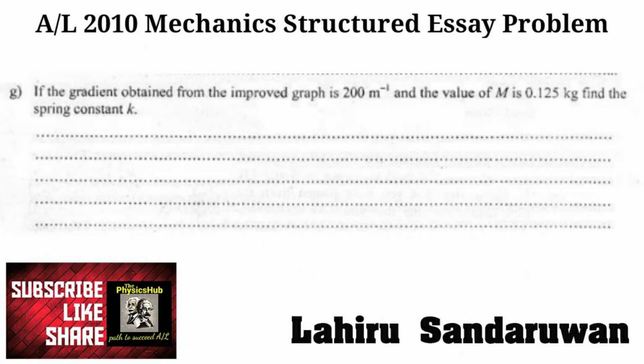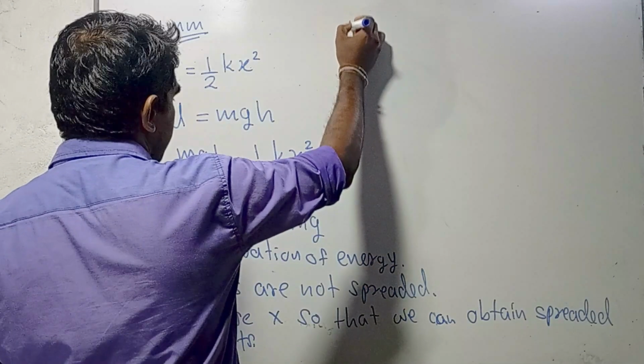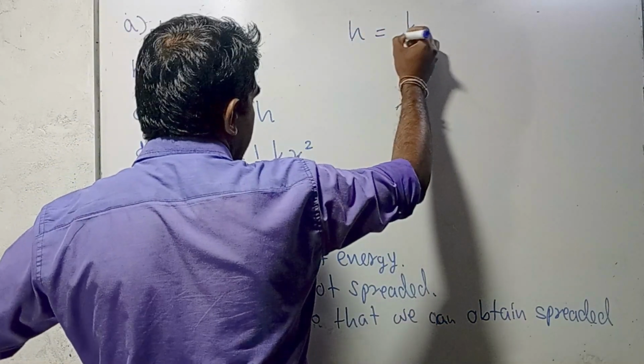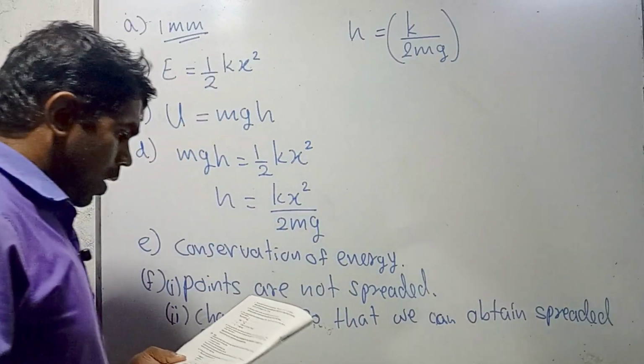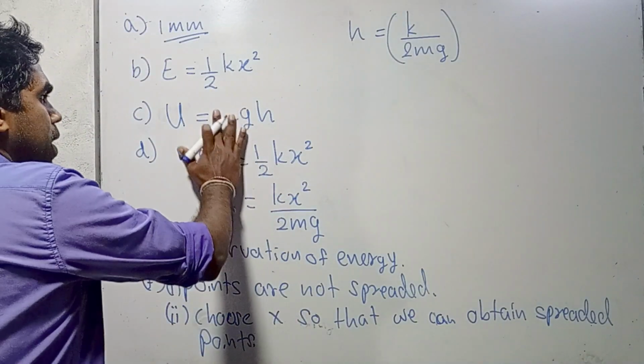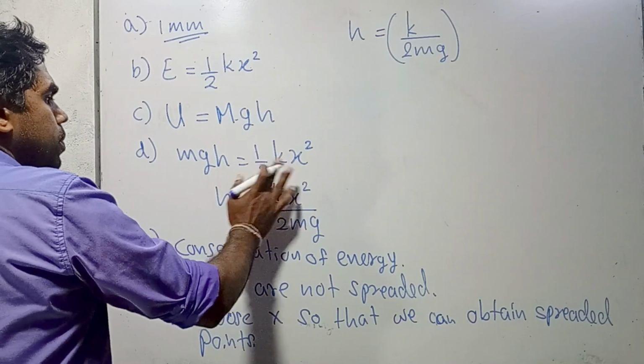Then part G, if the gradient obtained from the graph is 200 per meter and the value of capital M is 0.125, find the spring constant. By using this equation, we get h is k divided by 2Mg times x squared. It is not simple m, it is capital M. We have to use capital M for mass.